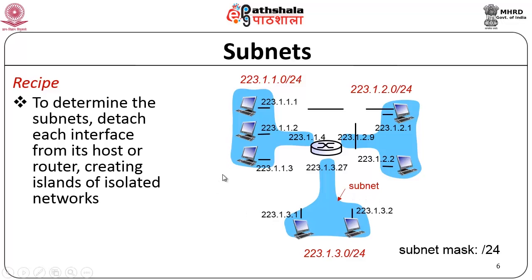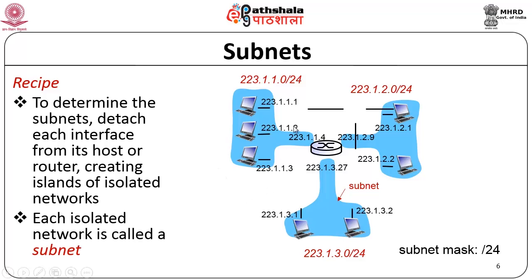To determine which nodes can be formed into a subnet, one way would be to just detach each interface from its host. You are detaching these interfaces, so now this becomes an isolated network, this becomes an isolated network, and this becomes an isolated network. These isolated networks are what we will be referring to as the subnets or the subnetworks.